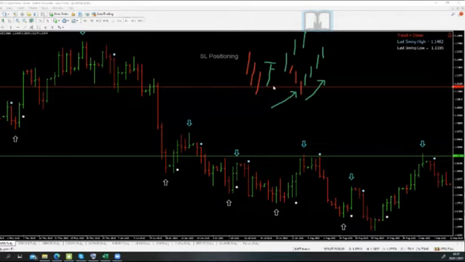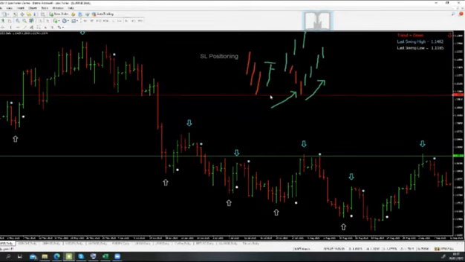However, if we had placed our stop loss a bit more conservatively, at the low of this bar here, then we would have avoided being taken out of this trade, and we could have ridden it to the upside. So that's all in relation to where the stop loss is.